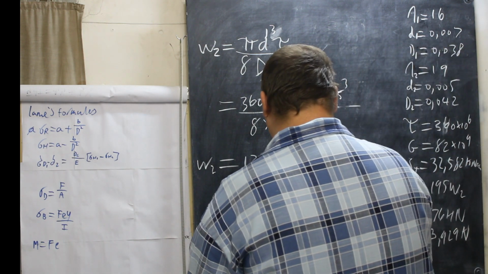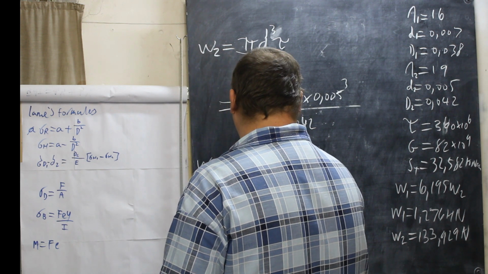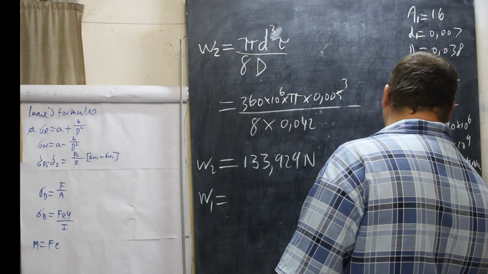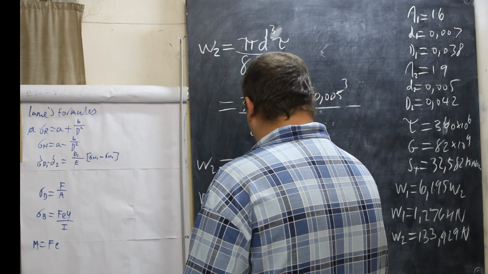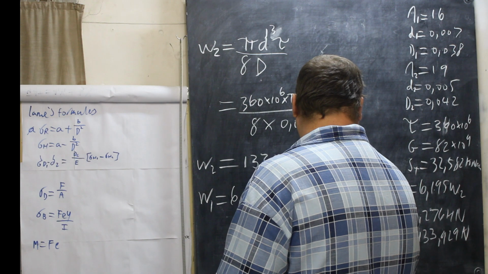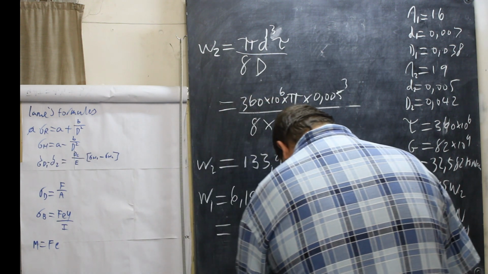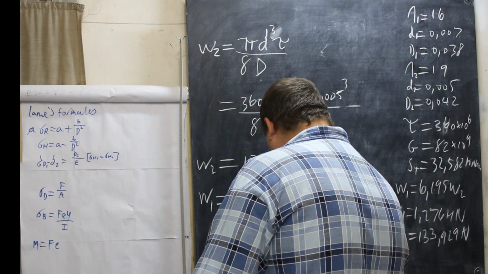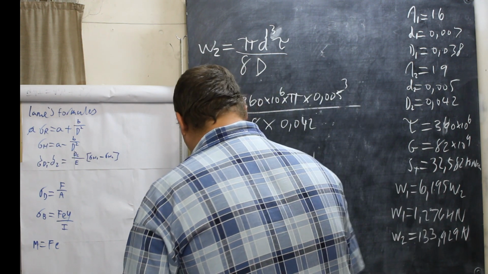Now for the real W1, W1 equals, now we've got W2, so we've got 6,195 times 133,929, and that equals 829,69 newtons is W1.